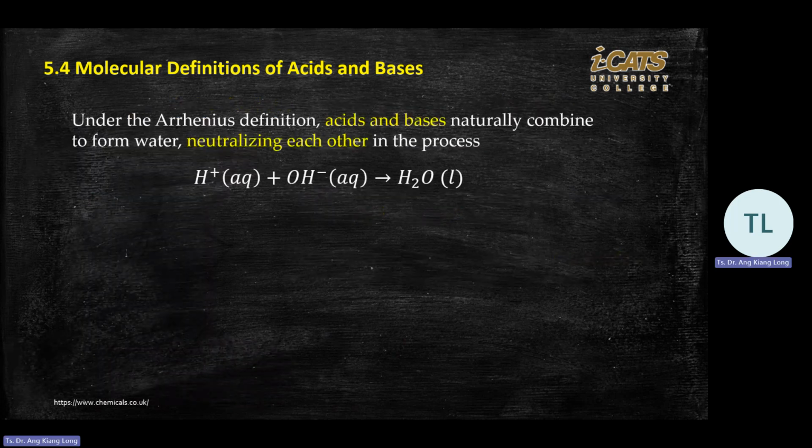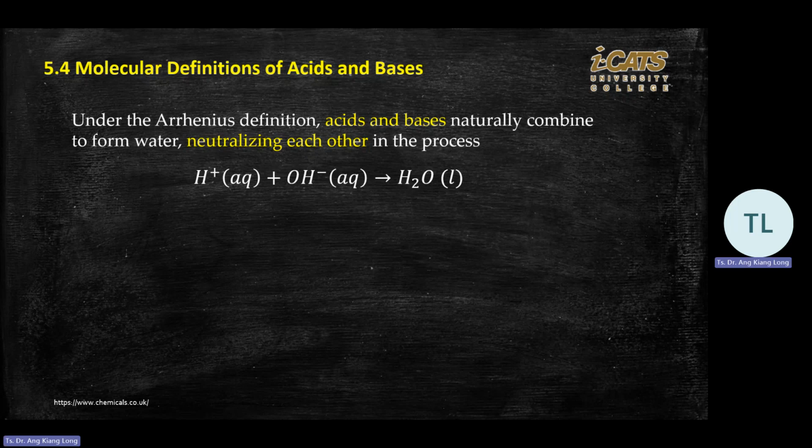So if we combine acid plus base, we will neutralize. In chemistry, how do you define neutralization? By this equation. It means that in chemistry, you need to tell the reader you are taking acid H positive ion combined with the alkali or base OH negative. You neutralize it, you will see water.